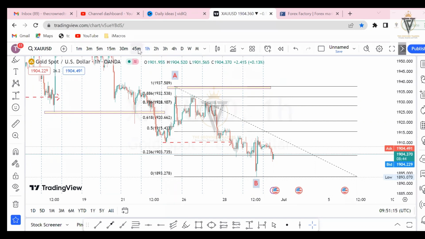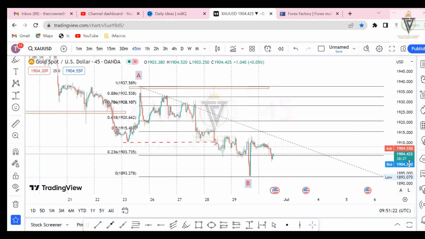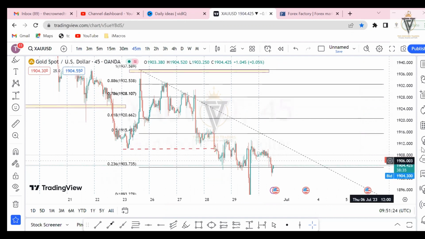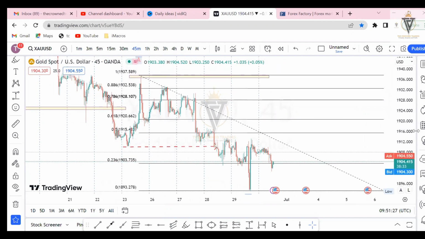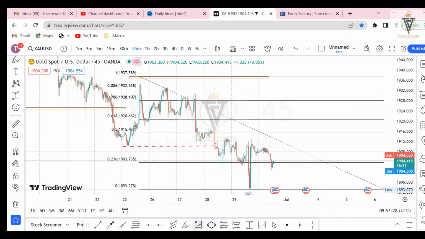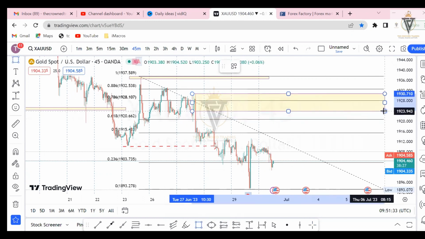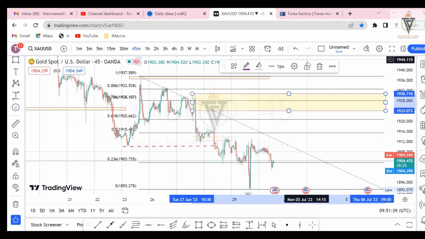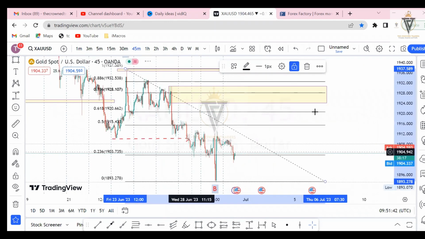So let's go to a lower time frame and see possible places where there are orders that gold wants to come and take before it keeps going down. Good. I think I've seen one obvious point where there are orders that gold will likely come and take, which is here. Are you seeing that? This is on M45.